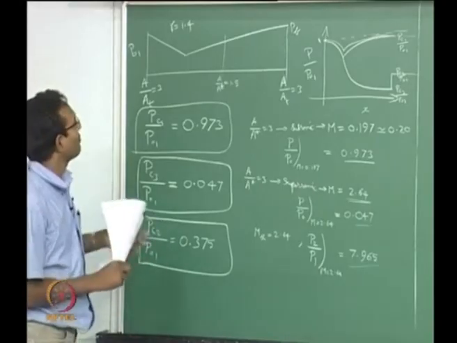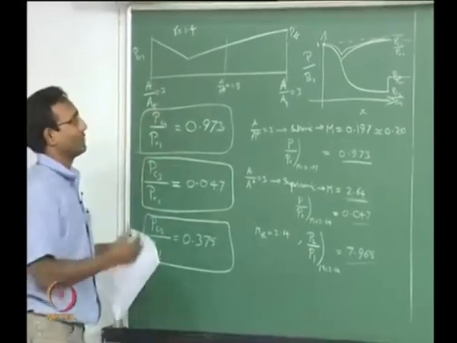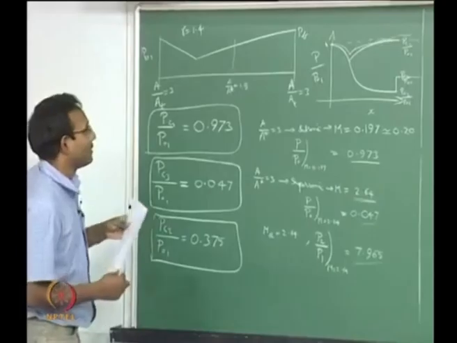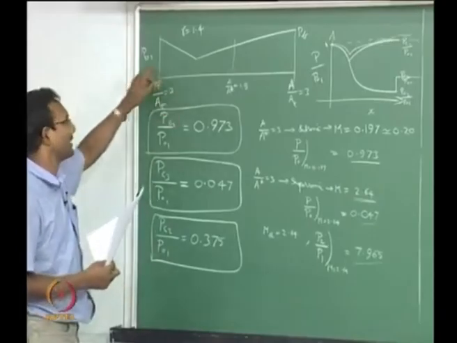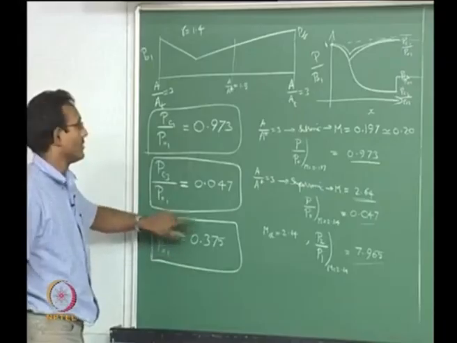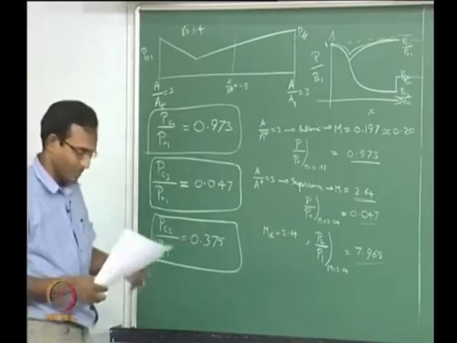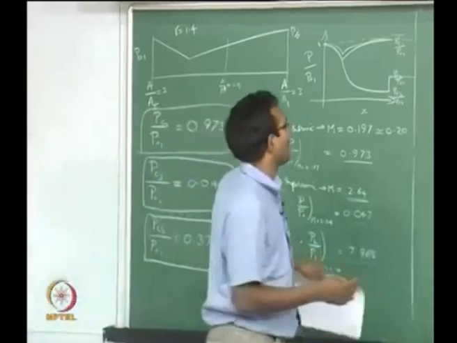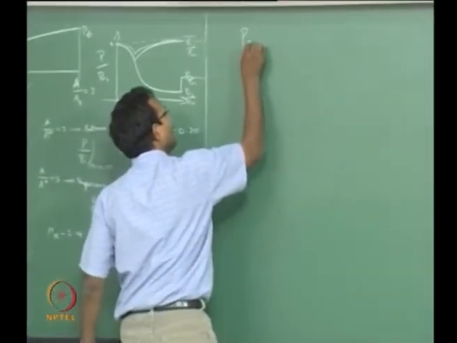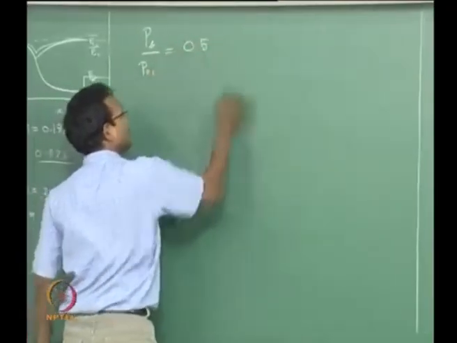I wanted to solve a problem where there is a shock sitting in the divergent portion. Now we know what should be the pressure. The back pressure to P01 ratio should be somewhere between P critical 1 and P critical 2. Okay, 0.973 and 0.375, in between these numbers. Okay, and just for the fun of it, I picked the number 0.5.